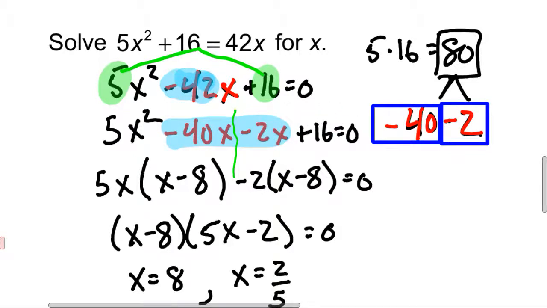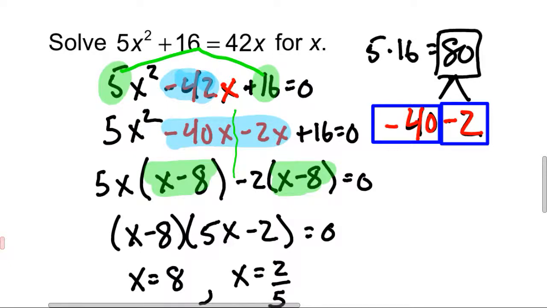What can I factor out of a negative 2x and a positive 16? So when you're doing factoring by grouping, you want these two things to be exactly the same, and you're going to see why in a moment.